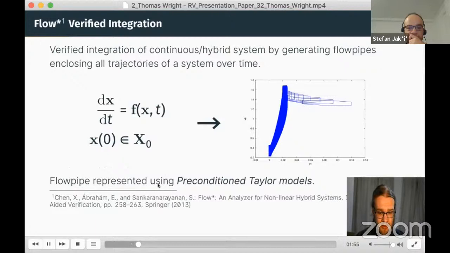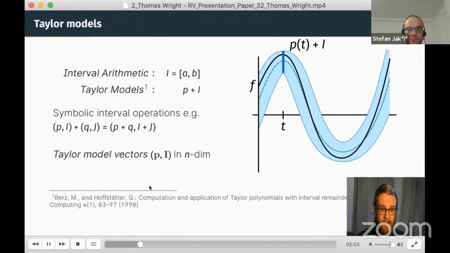In order to understand our method, we first need to dig into FlowStar's flow pipe representation, which is based on preconditioned Taylor models. Classically, interval arithmetic allows for verified numerical methods by replacing floating point values with an interval range of uncertainty in the values.